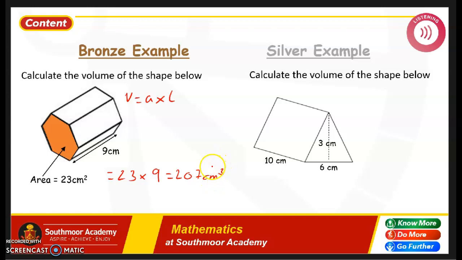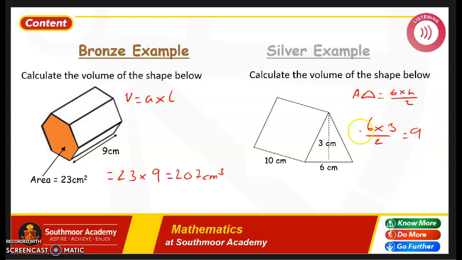On to our silver example. Here we have to work out the area of our face. The area here is a triangle, so we need to work out the area of the triangle first. The area of a triangle is equal to the base times the height divided by 2. So we are going to do 6 times 3 divided by 2, which is equal to 9.